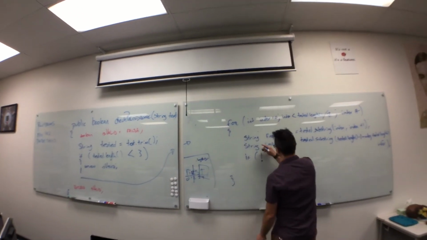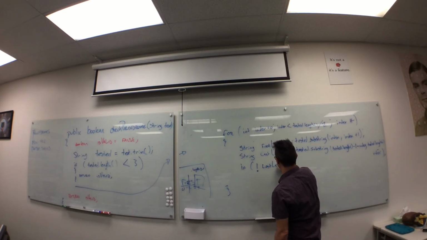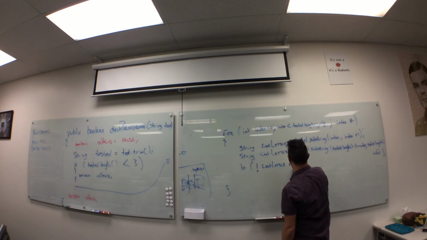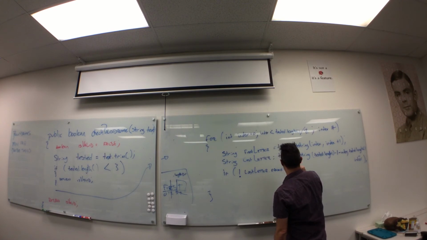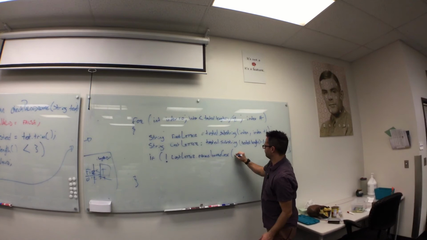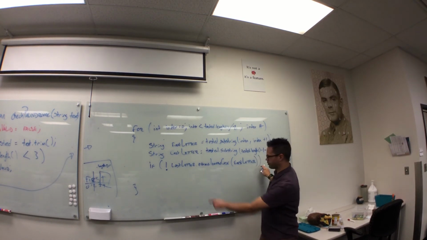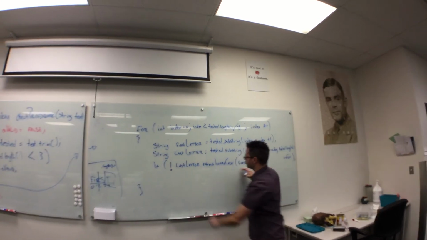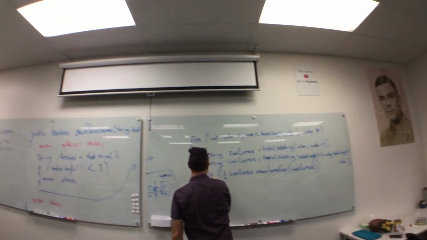So if we don't match, and we'll have last letter dot equals ignore case, and we're going to pass it as a parameter first letter. Make sure parens match, which they do. And so if they don't match, again, we're going to return is valid because we're done. We don't need to do anything.